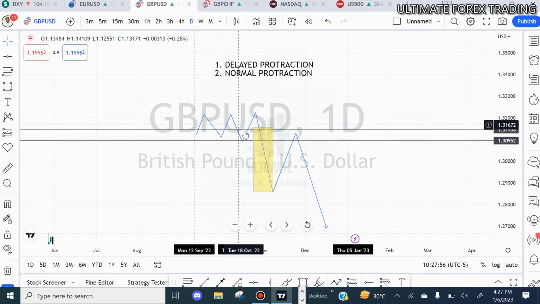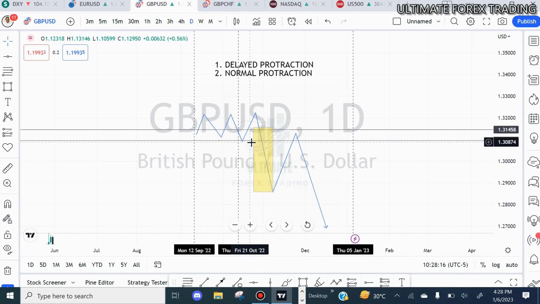And sometimes in a delayed protraction, what I observe is that price will not consolidate. Price will just keep moving during the Asian session, and maybe will return to an institutional reference point that was left above or at the midnight opening price, that is 0 GMT, right?